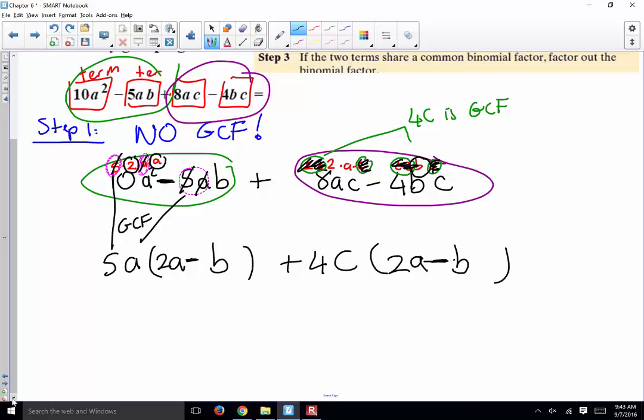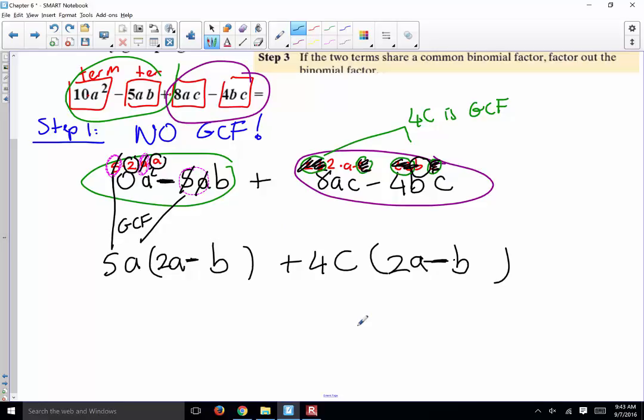Alright, take a moment to think now. What did we do? We separated two groups, two people in each, and they had something common between them, and we pulled that common thing out, and we created some parentheses. But what do you see?